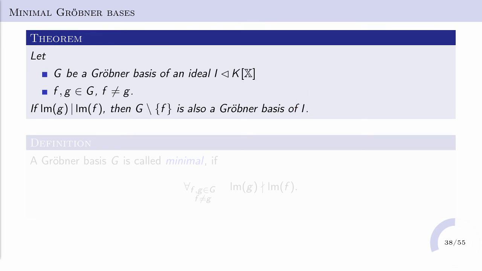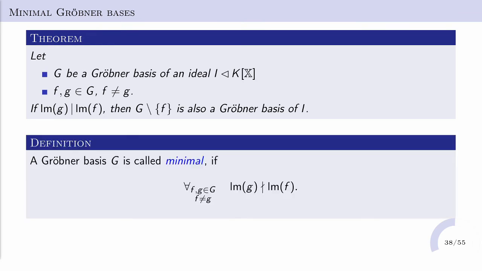So in terms of polynomial systems, this theorem says that if we have a system of polynomial equations whose polynomials form a Grobner basis, and the leading monomial of one of the polynomials divides the leading monomial of another polynomial, then the latter polynomial can be removed from the system, and the set of solutions will not change.